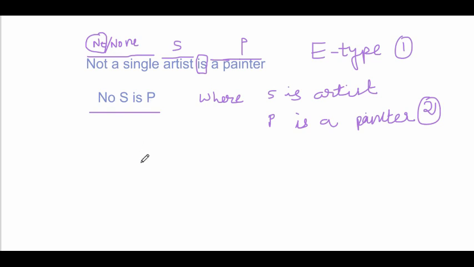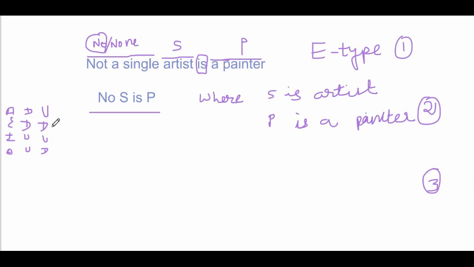Logical form. The third one is to find the distributed and the undistributed term. How do you find? This is an E type of proposition. We had created a table earlier. We'll quickly create again. A, E, I, O, and first we start with distributed, distributed, undistributed, undistributed, undistributed, distributed, undistributed, and distributed. So we know this is an E type.